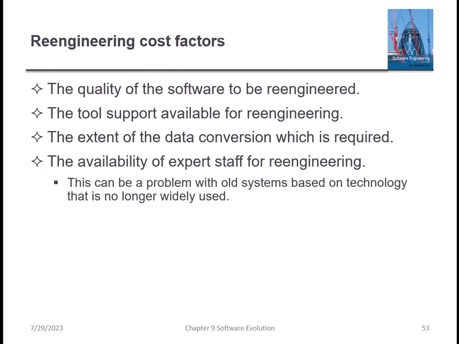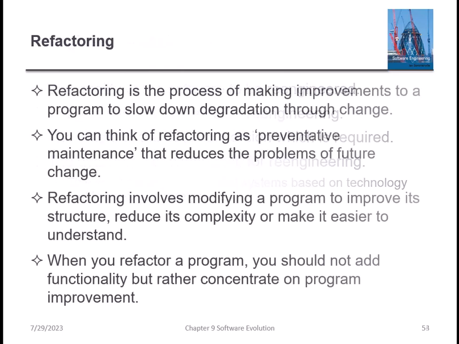If more experienced staff is working on it, the tool is expensive, the technology is expensive or unfamiliar, and the quality expected is higher, then obviously the re-engineering cost will increase.